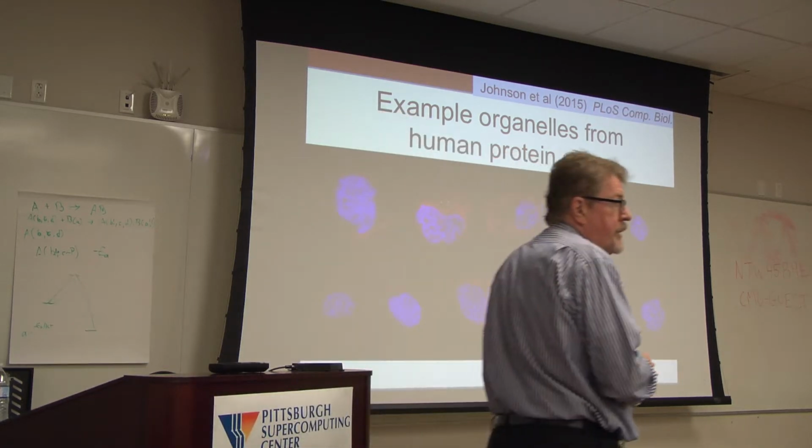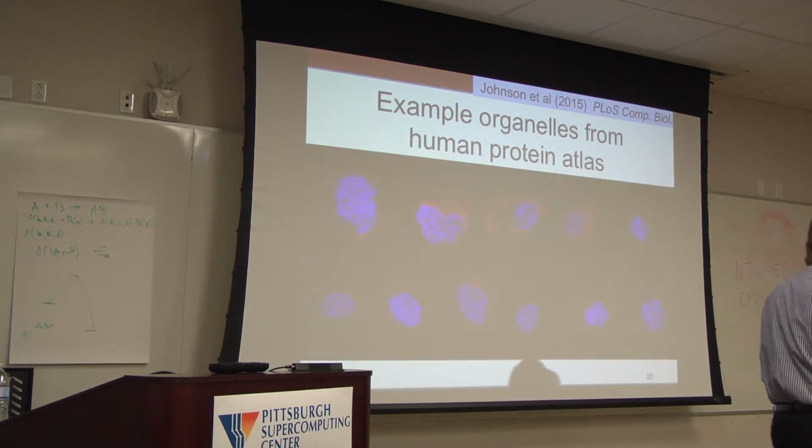Yes? How often does this produce overlap in the output of the probability density functions? Or maybe an instance of the generated, like one being the same? Like how often does it happen where the nucleus is overlapping with the lysosome? Oh, I see what you're saying. Okay.